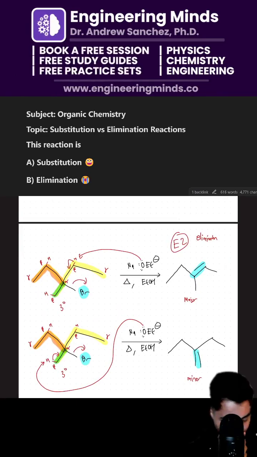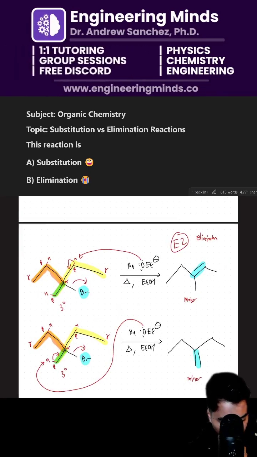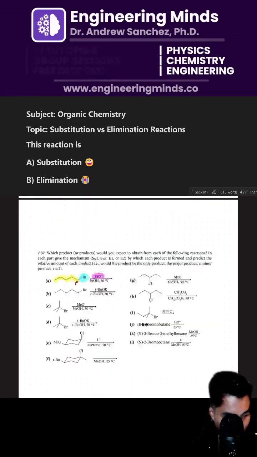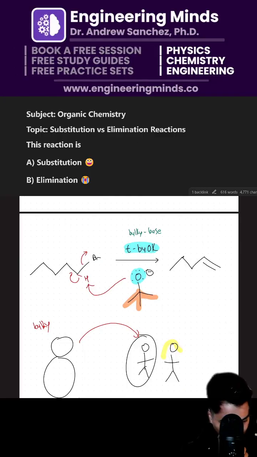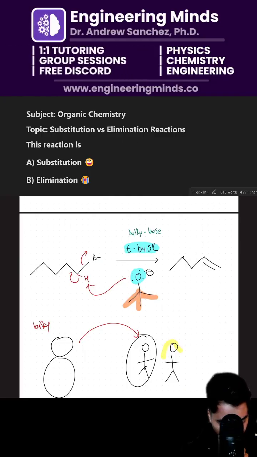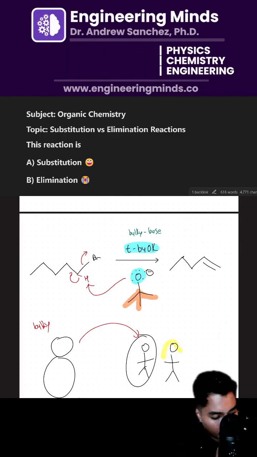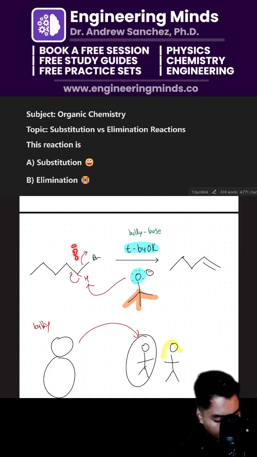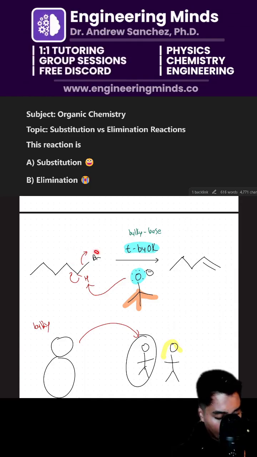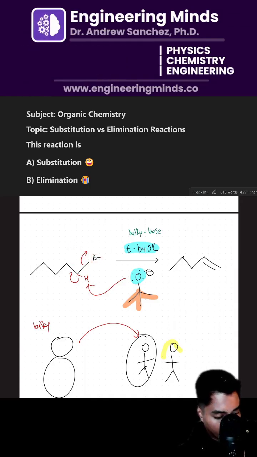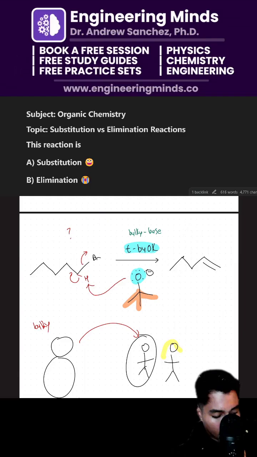The previous one, I labeled that one as alpha. I need to double check the alpha carbon here, but typically it's going to be the one that is one away from the bromine. I'm sorry, classy. I gotta double check that, and then I'm going to drop it in the Discord later because that's a really good question.